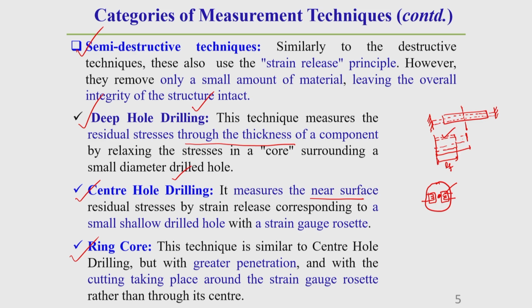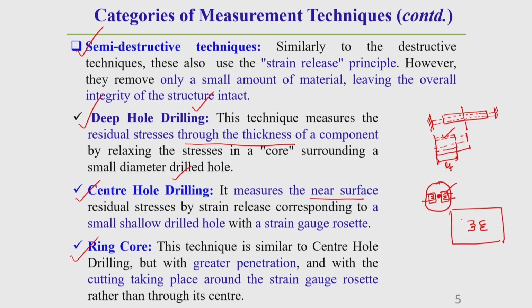You should keep this in mind. In the center hole drilling technique, the hole is drilled in between the strain gauges, but in the ring core technique, this is a specimen.